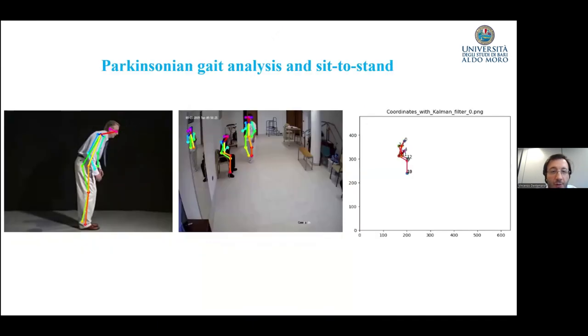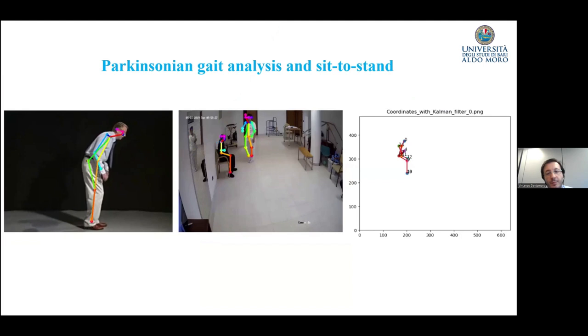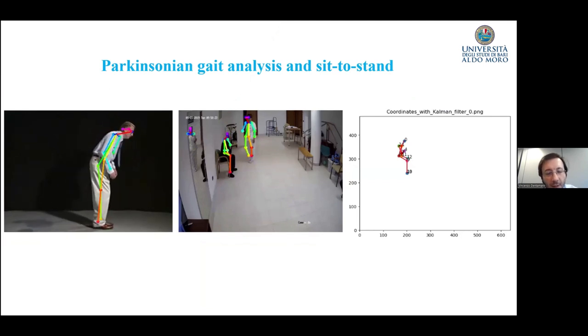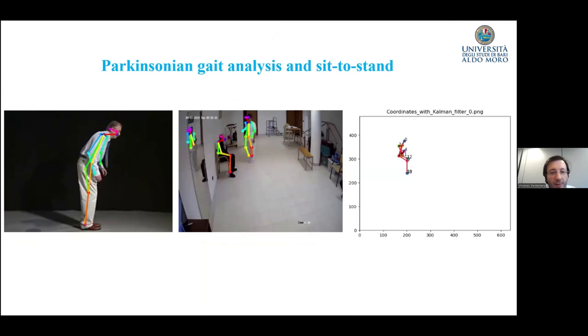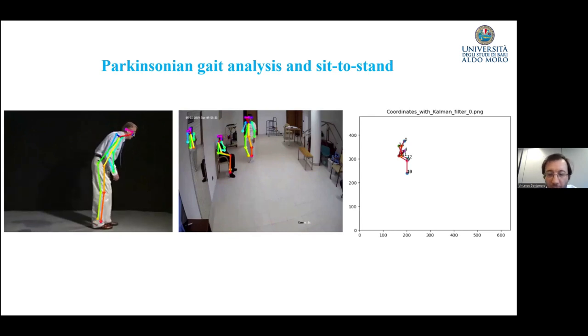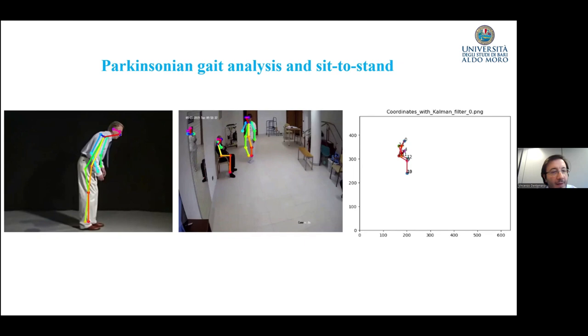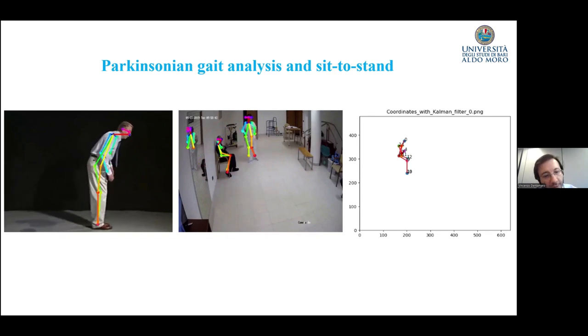Well, our answer to this problem is the technologies that we have developed as a team during my research career, which I will show you. First, we used a pose estimation algorithm such as OpenPose. You can see it on the left.